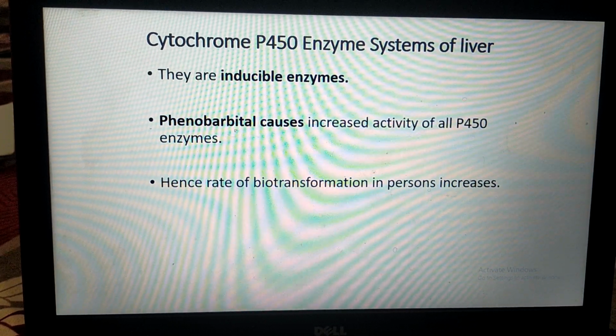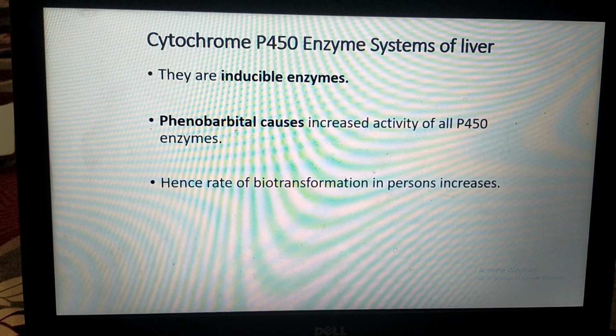Now the most important property of the cytochrome P450 enzyme system is that they are inducible enzymes. Inducible enzymes means enzymes of which the concentration can be increased or decreased. Such enzymes are called inducible enzymes.